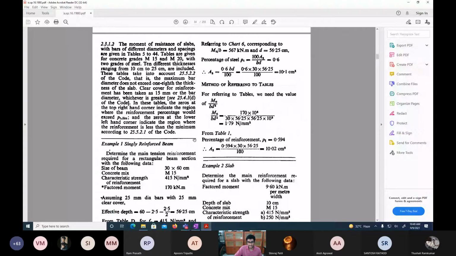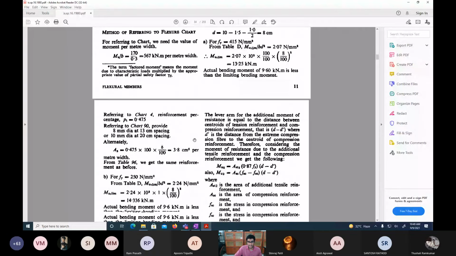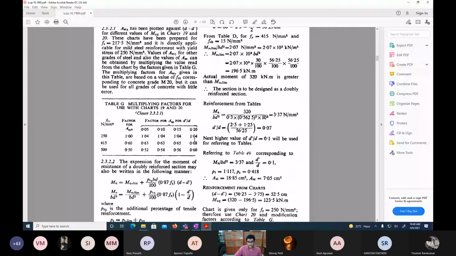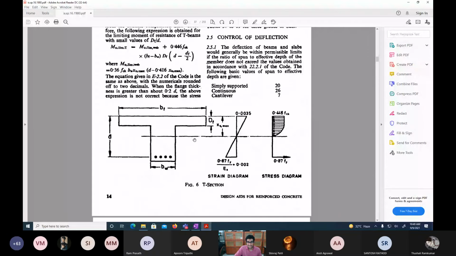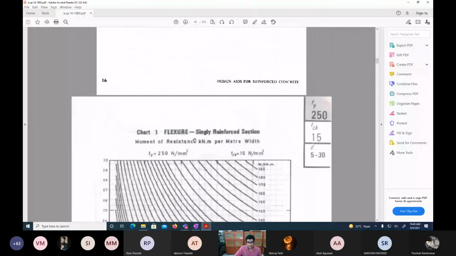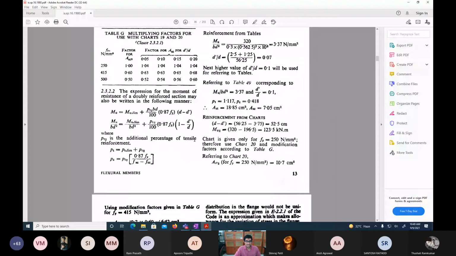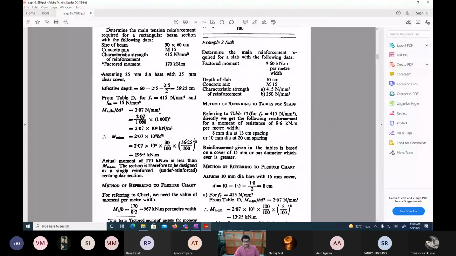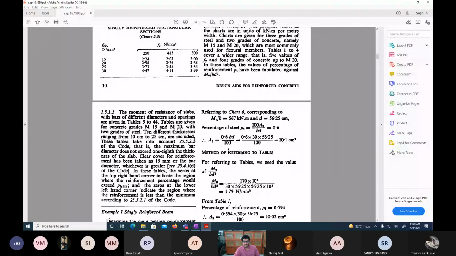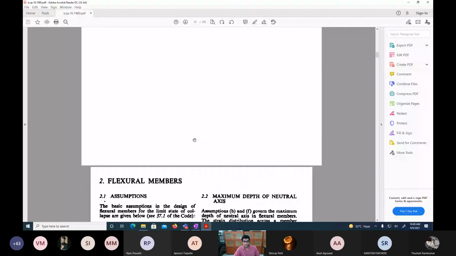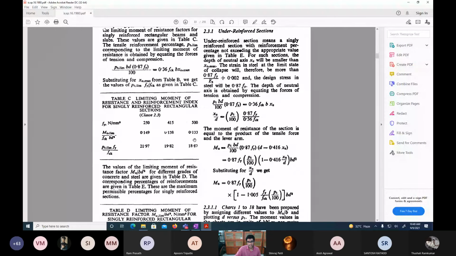So you have also another way to consider the effective depth. Well, I will show you later.